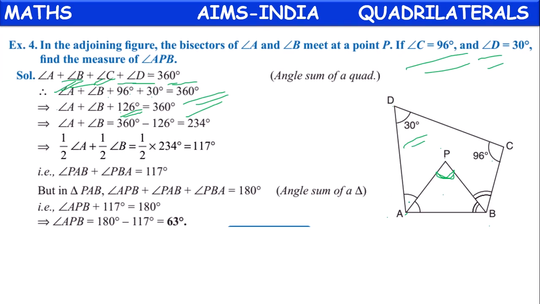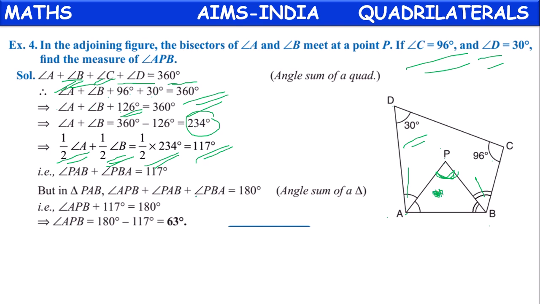So what about half of A plus half of B? It becomes half of 234, which is equal to 117 degrees.